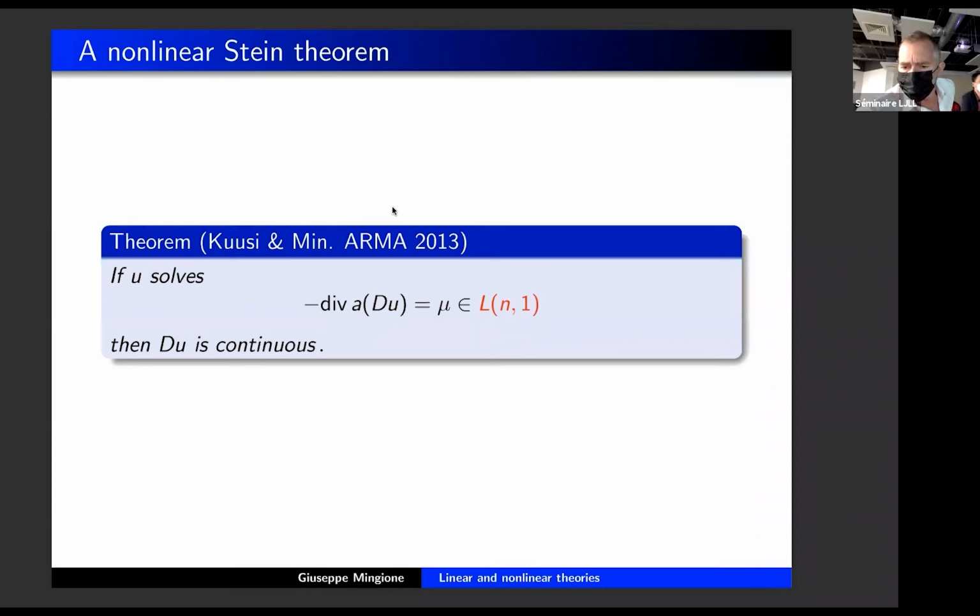Michael Goldman asked, is there something for non-divergence equations? Okay, non-divergence equations, you mean, for instance, fully nonlinear, right? Fully nonlinear equations are actually easier to deal with, because the whole point in these problems is that you have to keep track of the degeneration of the equation, because you have a degenerate equation.